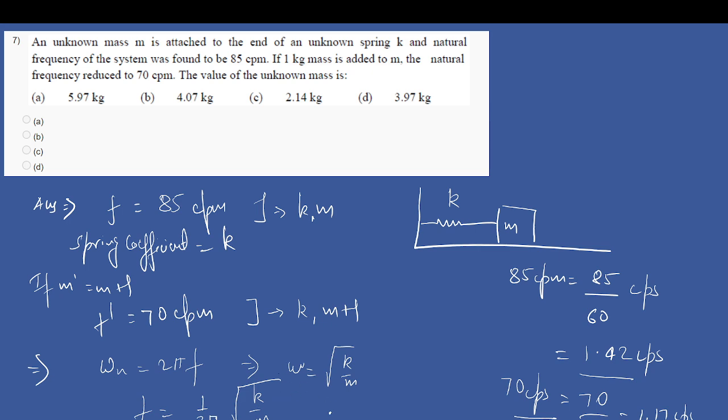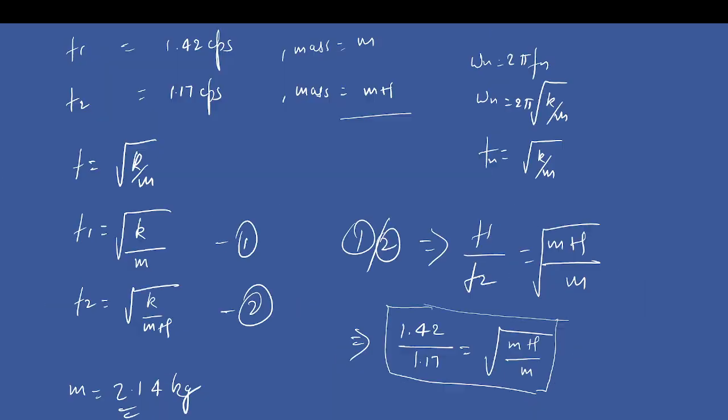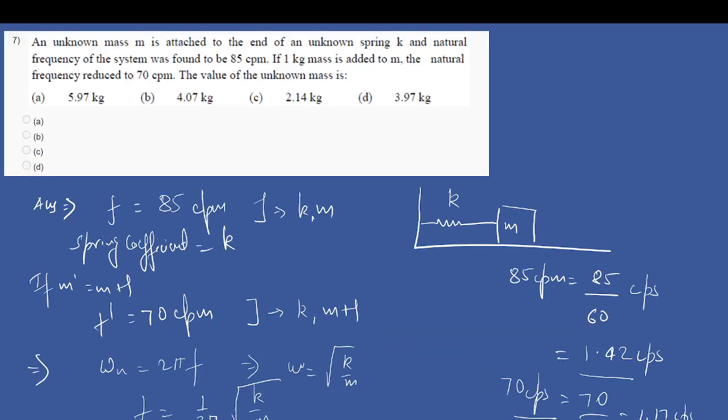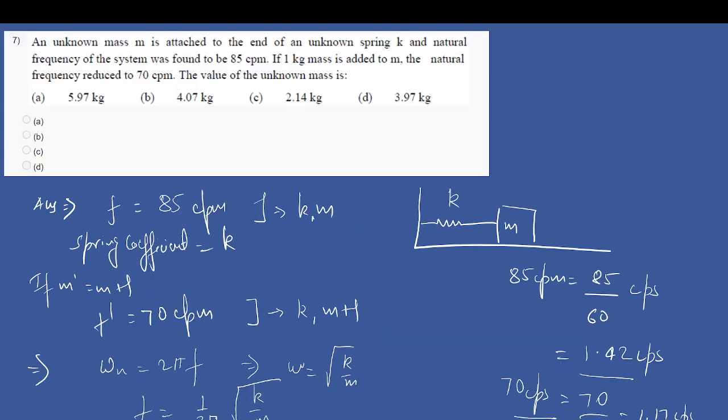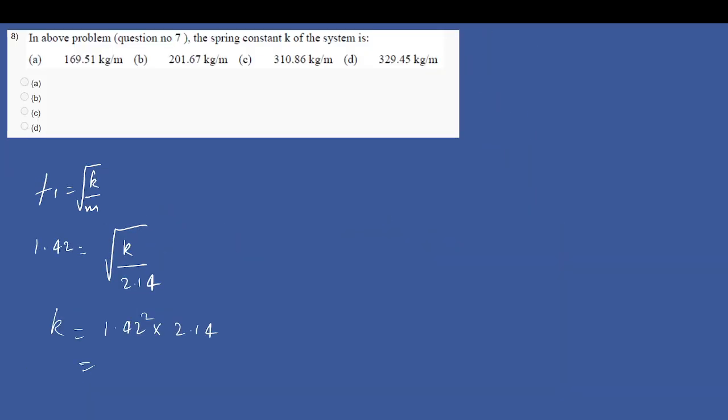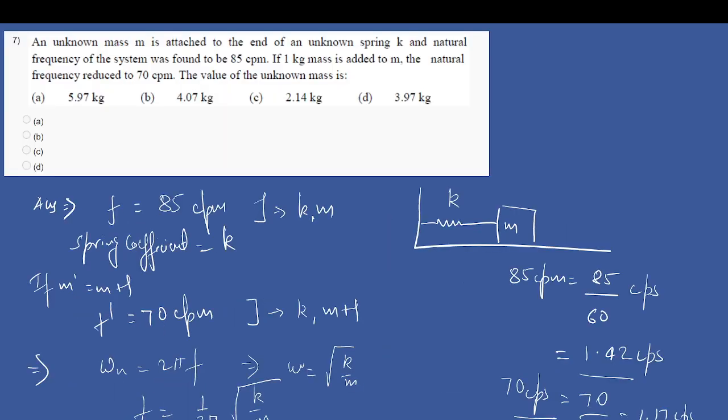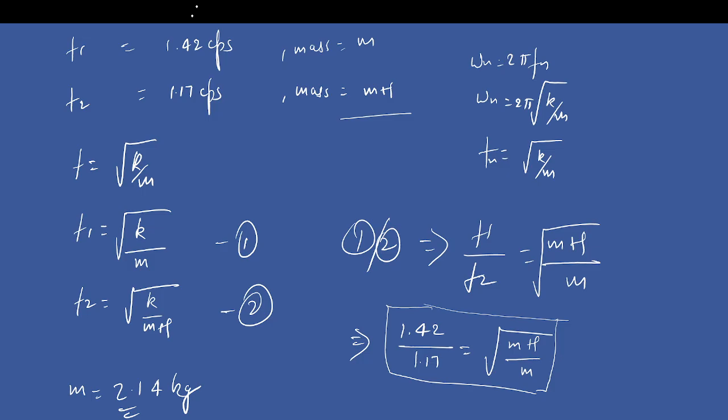So this is your k by m. When you solve this, it's turning out correct. It's basically 1 upon 2 pi.